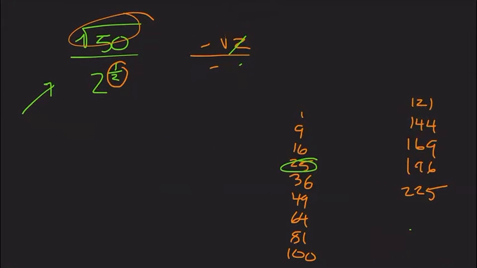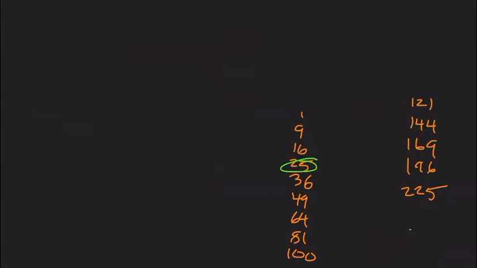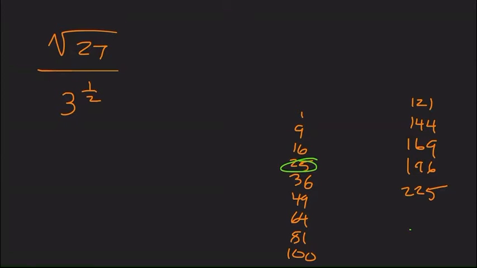So let's look at another one. Let's say we have square root of 27 over 3 to the 1/2 power. First, let's go ahead and simplify this square root.